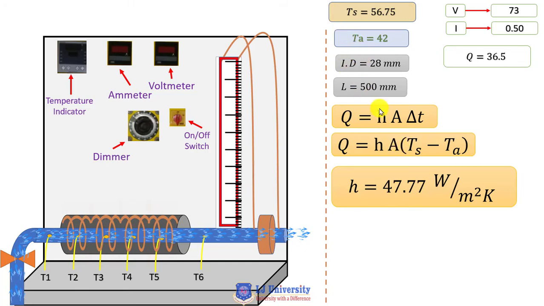Here the inner diameter is used because the fluid is flowing inside the cylinder. The heater is provided on the outer surface of the cylinder and the flow of air is through the inside surface of this cylinder. So by putting the values of Q, area, Ts and Ta in this equation, we get the value of H, which is 47.77 watt per meter square Kelvin.